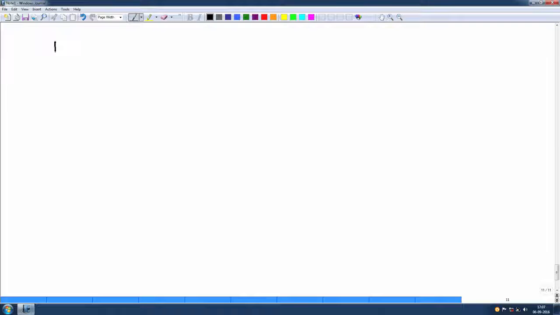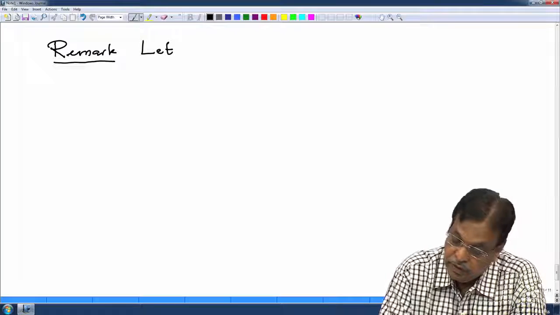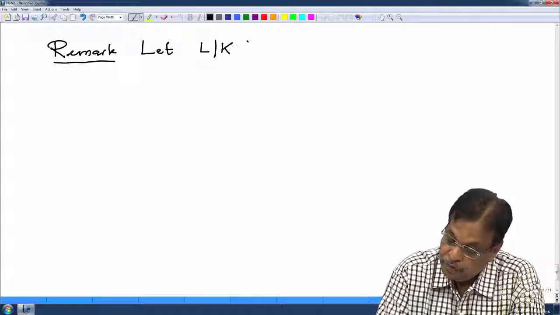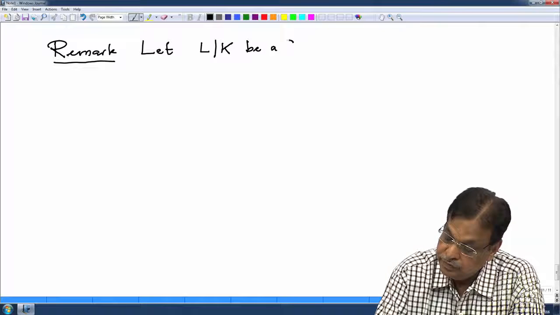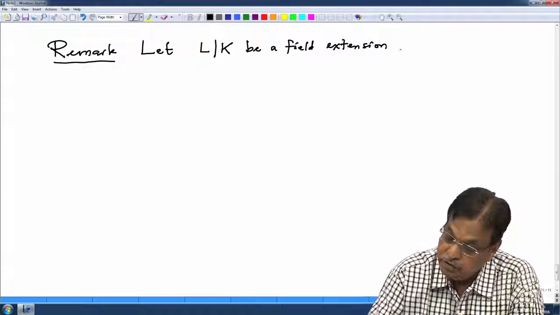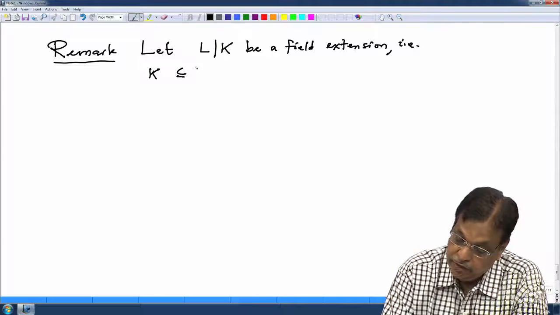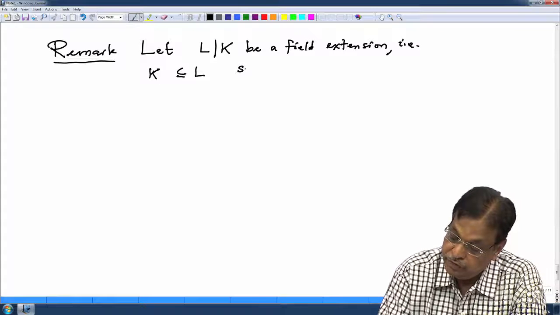So, remark: suppose I have a field extension. So let L over K be a field extension. That simply means that K is a subset of L and it is a subfield.